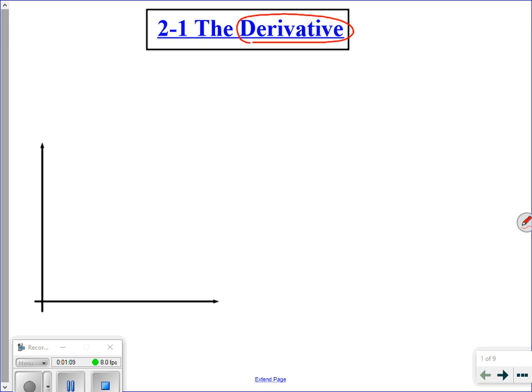So, all right, remember that idea that we've been talking about, okay? We talked about the average rate of change, and then we were trying to get to the idea of what an instantaneous rate of change is. And that's a derivative. So write it down.